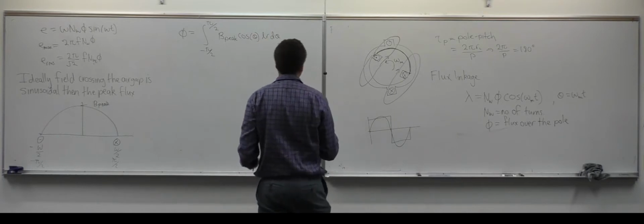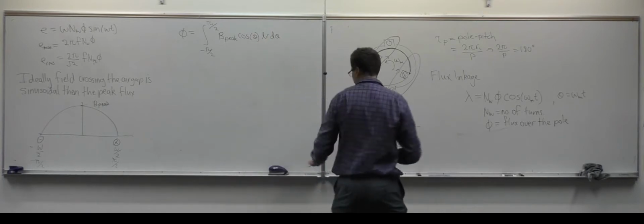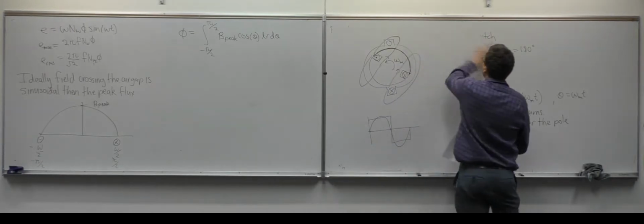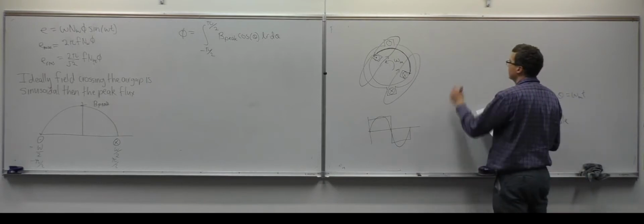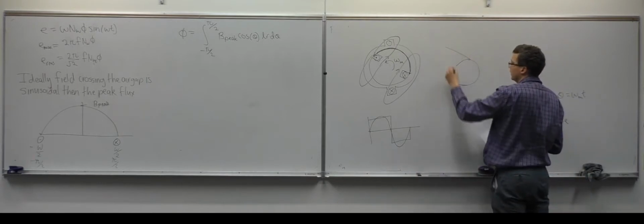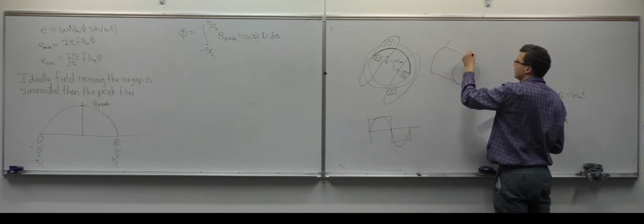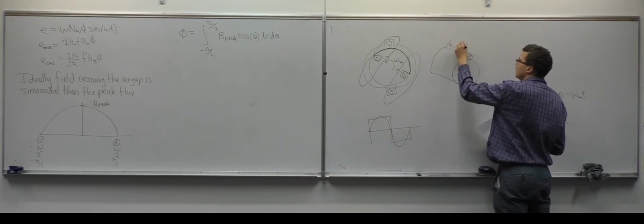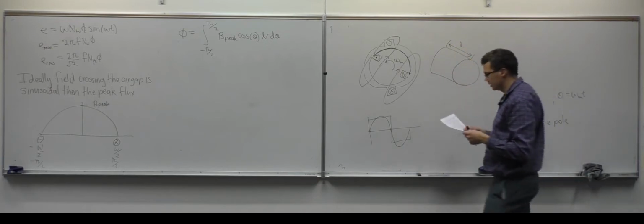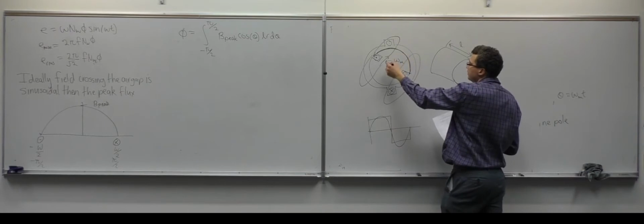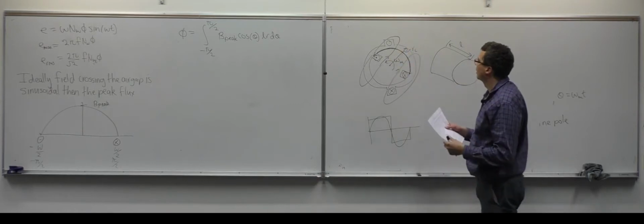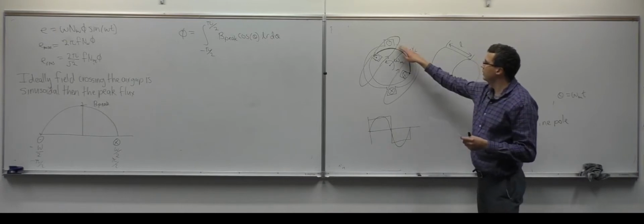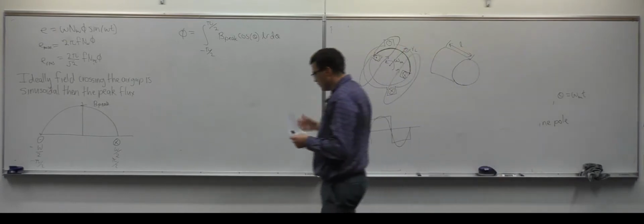The L: in a rotary machine, you're going to have some axial length, so the L would be the axial length here, and the R is the radius. Depending on whether we're calculating from the stator or the rotor, it's the inner radius of the stator.